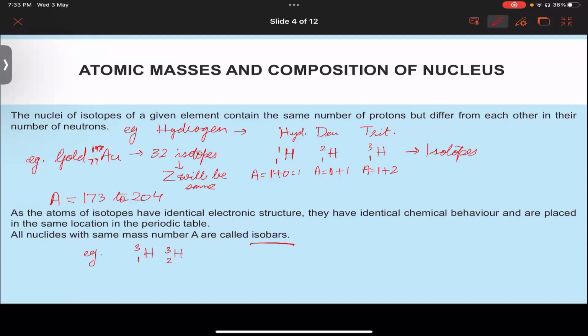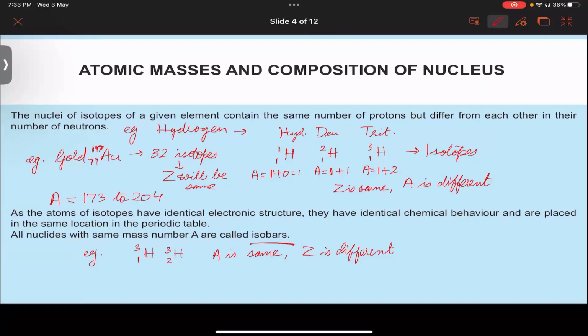When A is the same and Z is different, these are isobars. For isotopes, Z is the same and A is different. This is the difference between isobars and isotopes.